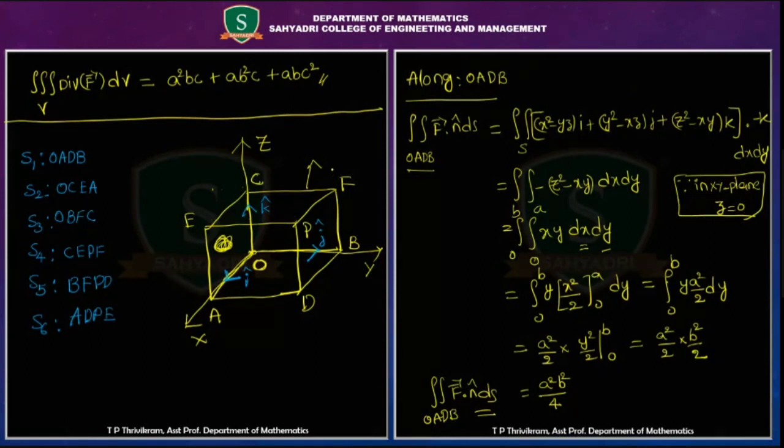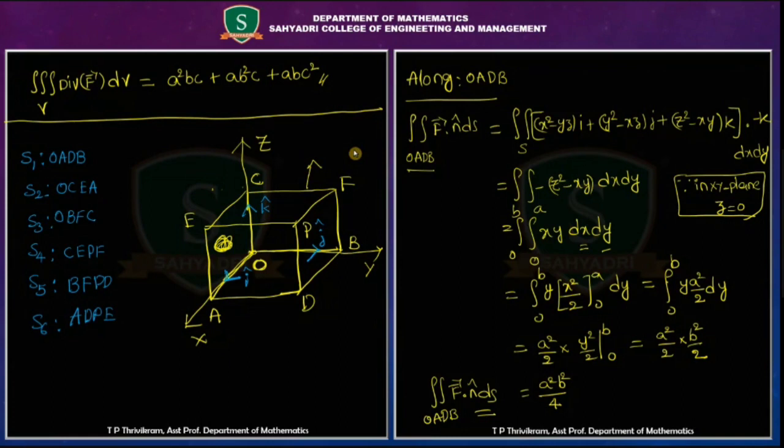CEPF, so it is related to all the three axes. That means it is in the space. Even though it is in the space, we have a constant value. But the region will come under where? Which axis? X and Y axis. That surface will come under XY axis, but some height in the Z axis.